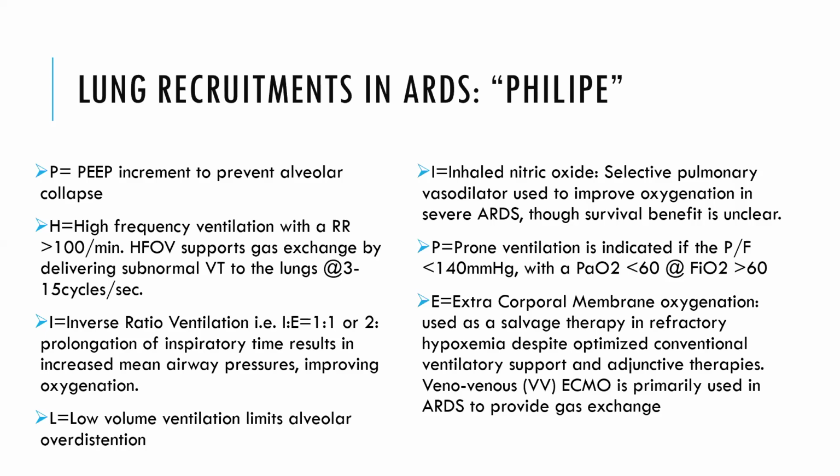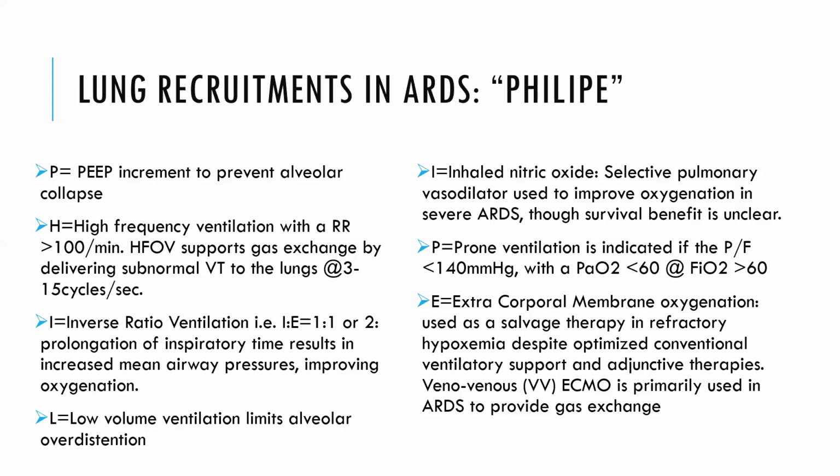L is low volume ventilation, which also limits alveolar overdistension. Inhaled nitric oxide, a selective pulmonary vasodilator, has been used to improve oxygenation in severe ARDS. Proning your patient, especially when your PF ratio is less than 140.